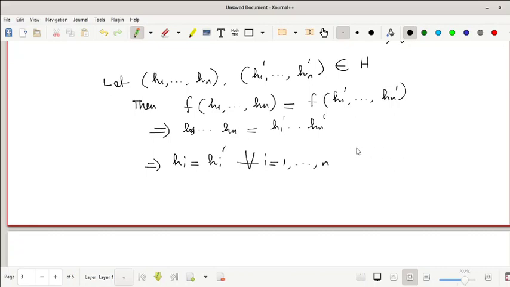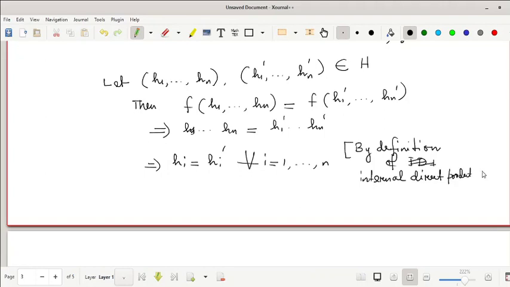Why? By definition of IDP. Sorry, my bad habit of writing short form. This is not a standard way of writing. Internal direct product.